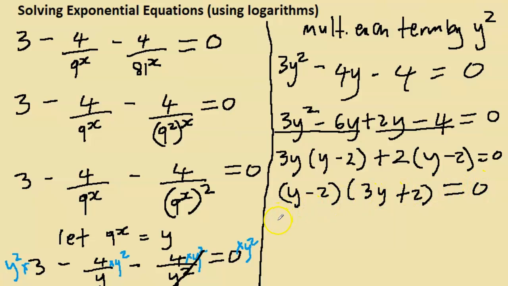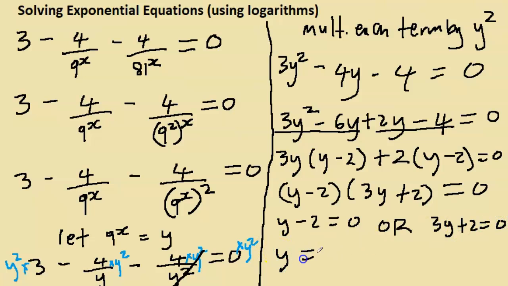So we're solving the equation, we equate both brackets to 0. So we end up with y equal to positive 2, or we end up with solving this. Subtract 2 from both sides. So y will be equal to minus 2 over 3.